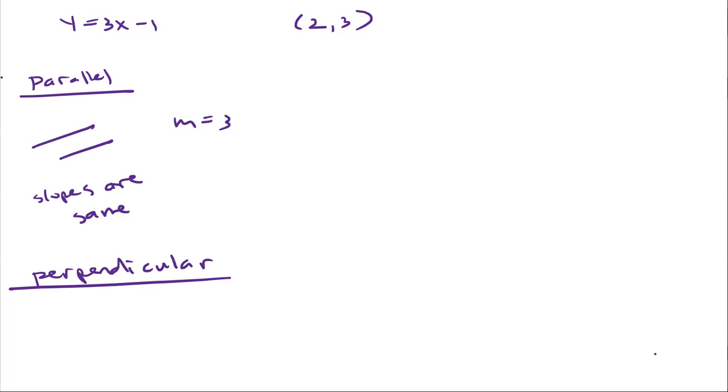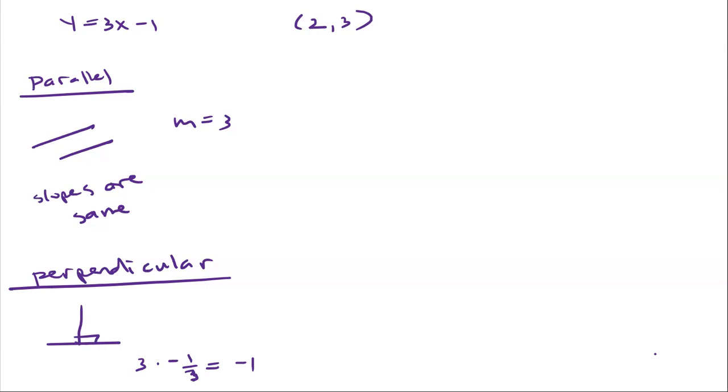But perpendicular would mean they form a 90-degree angle, right? 90-degree angle. So that means that the product of those two has to equal -1. So if one was 3, then the negative reciprocal will be -1/3, which gives us the -1 when we multiply that.